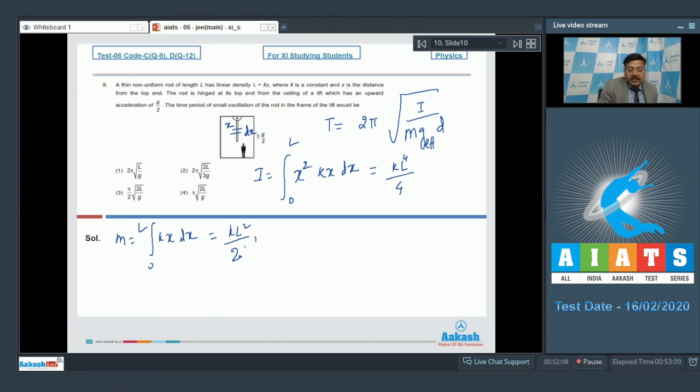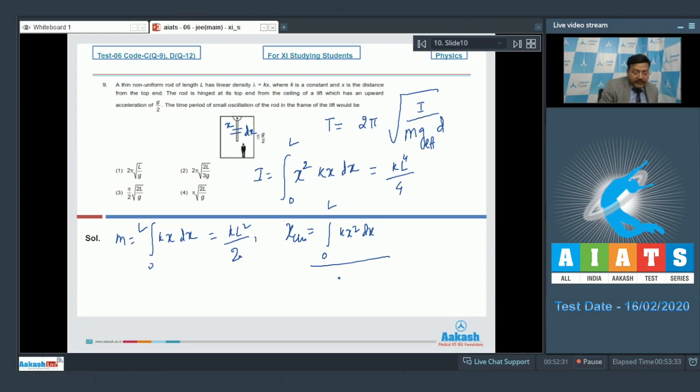And finally, to find d, let's locate the center of mass of the rod. If I call it x_cm, in fact x_cm will also be equal to d, and it is the integral of x dm, which is x into kx dx. That means kx square dx, and again x goes from 0 to L, divided by total mass.